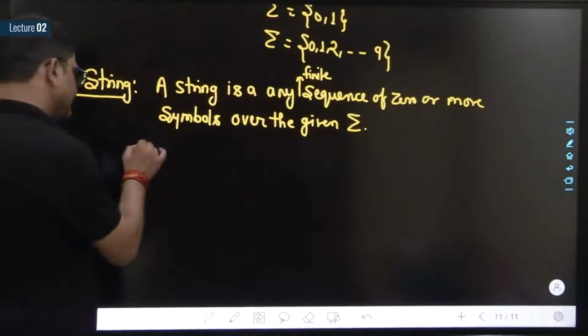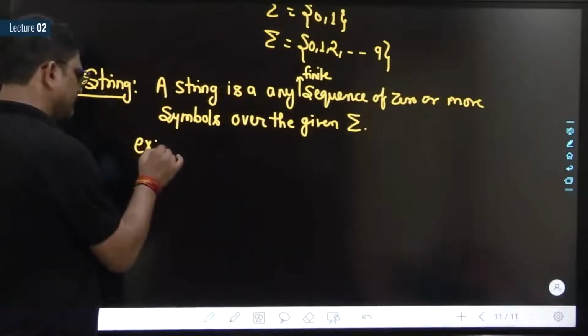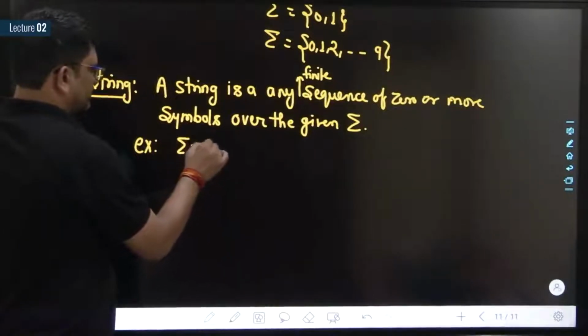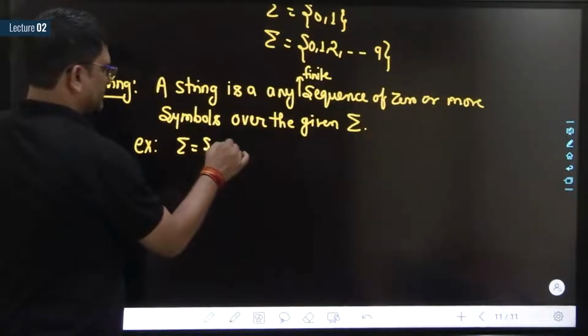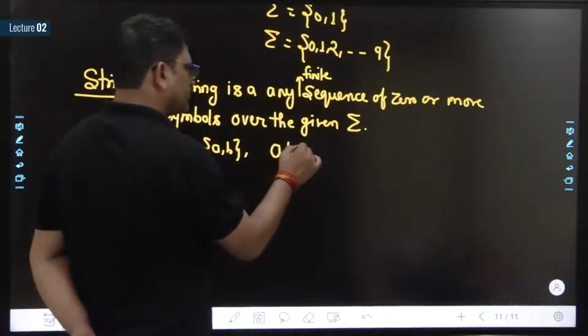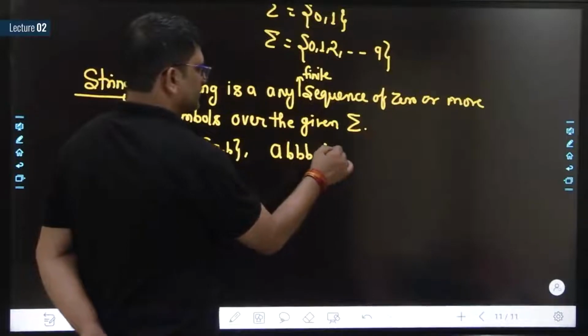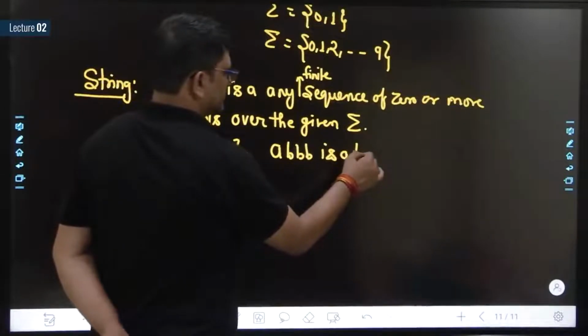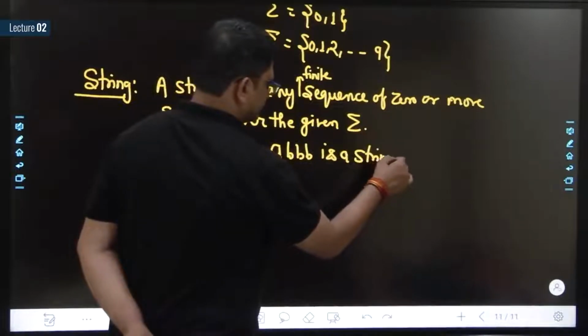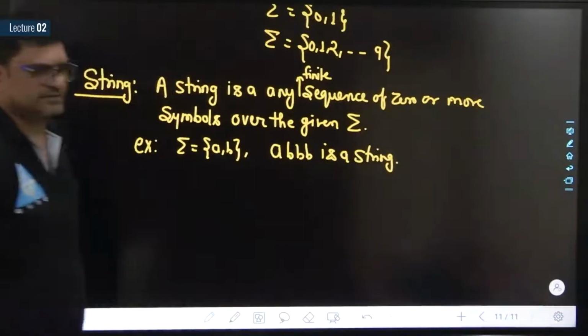For example, if sigma is {A, B}, then AAB is a string. Clear?